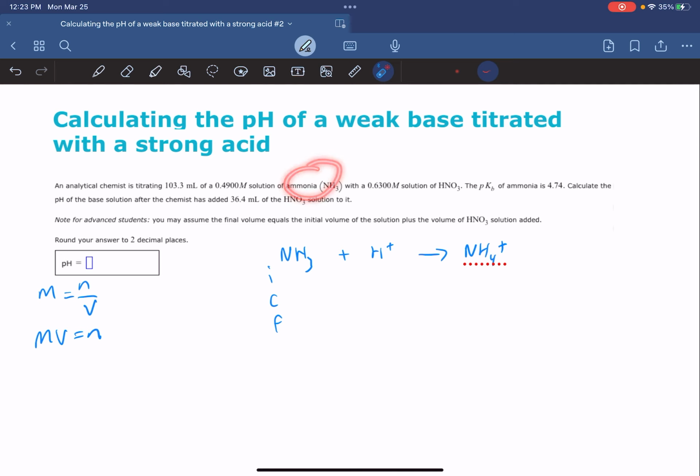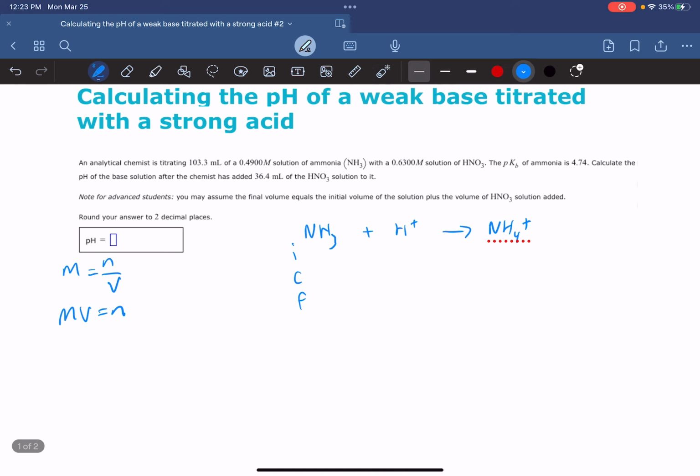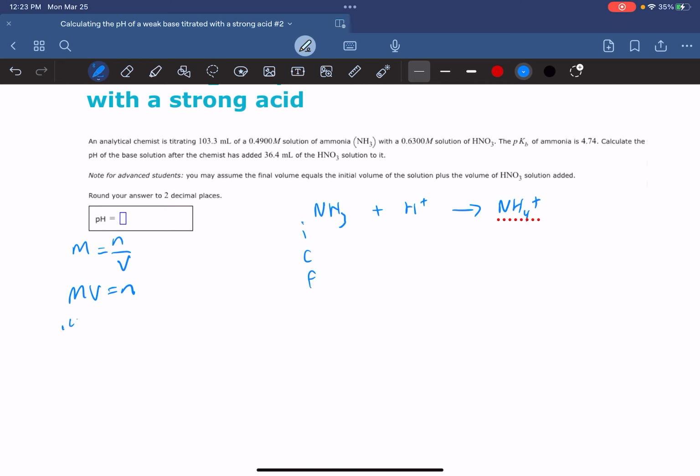So if I take a look right here, I have 103.3 milliliters, and I have 0.4900 molar. So let's plug it into our equation right here, and we're going to end up with 0.4900 molar multiplied by 103.3 milliliters.